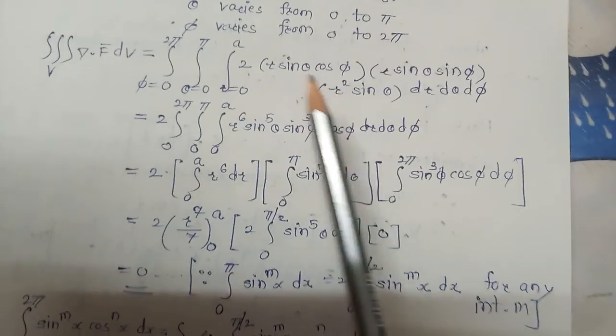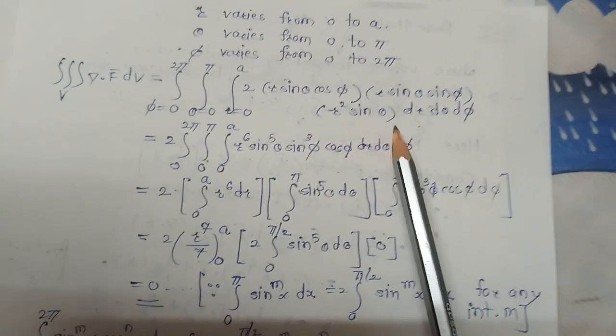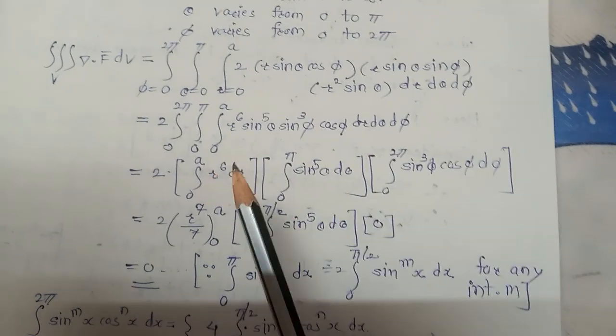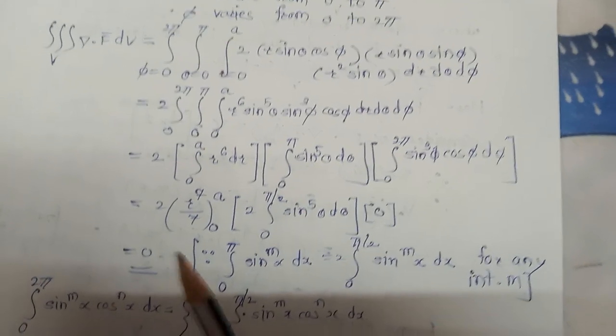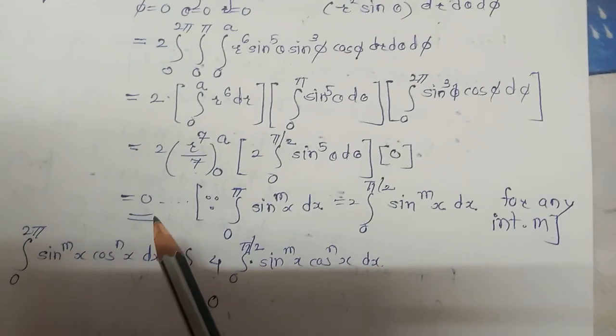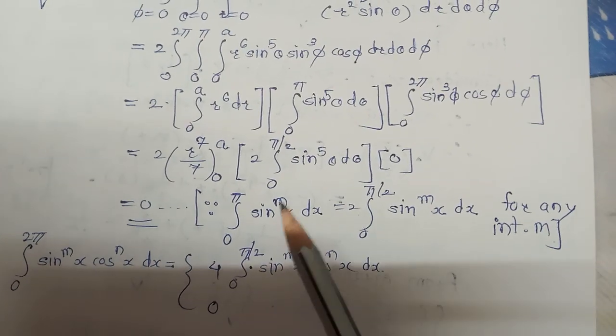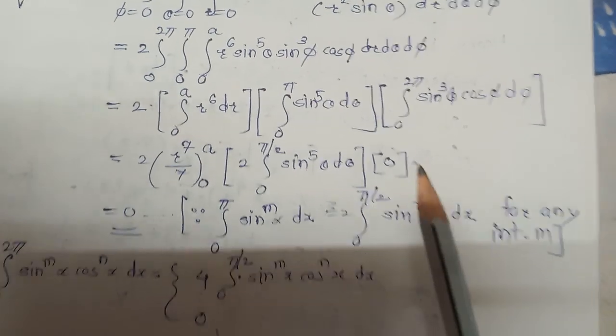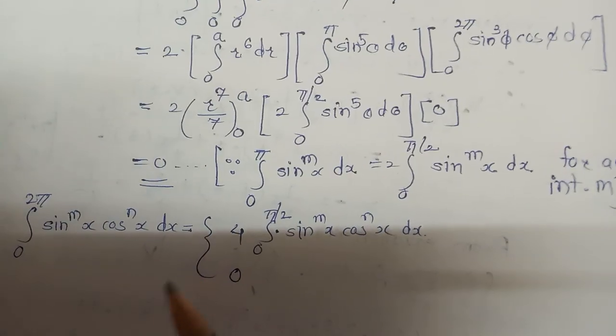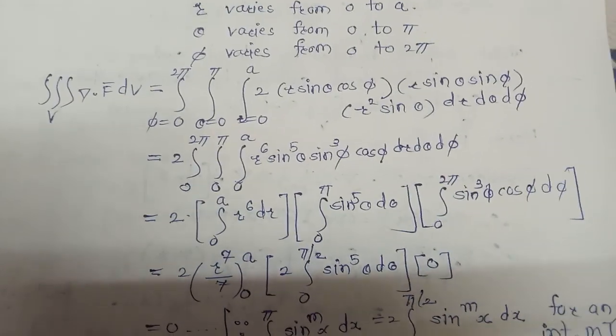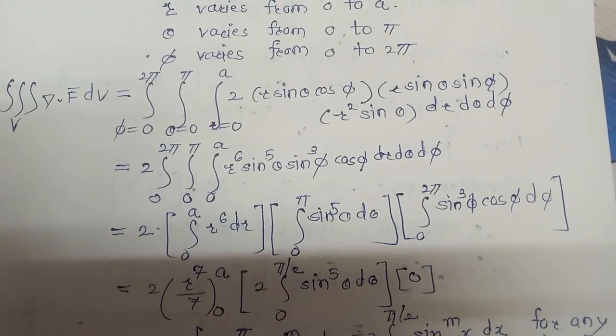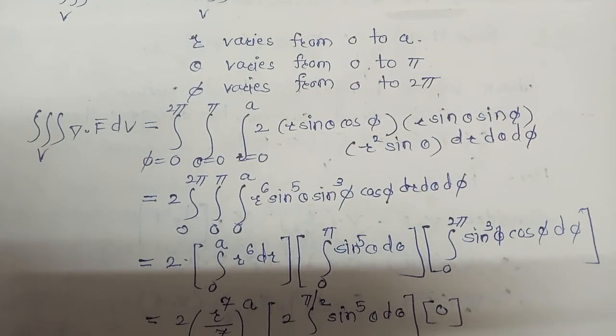If we substitute all these values here and integrate with respect to r, theta and phi, then the integration will be 0 by the standard formula of integrations. The answer will be 0. So this is how we can solve the four types of examples on Gauss divergence theorem. Thank you.